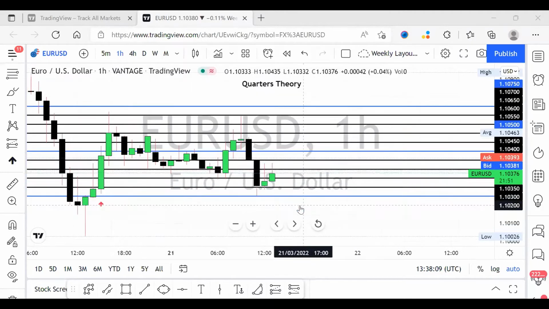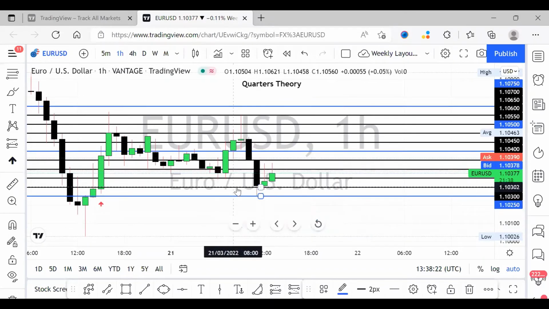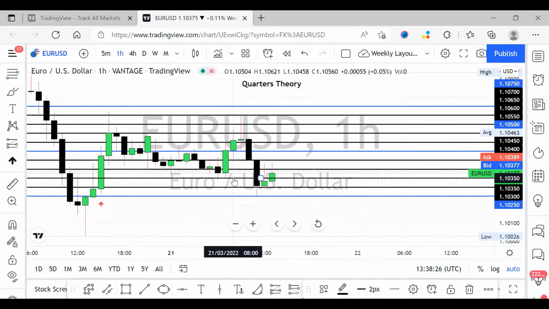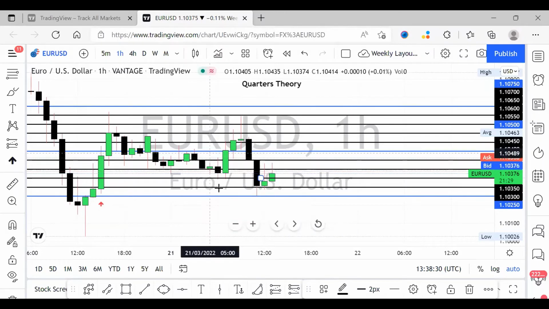In between them, the way I've done it is I've marked this particular blue line, as you've seen in blue. Coordinates is, regardless what the number, 250. Okay, the next one up, I'm going up in 50s. The next one is going to be 350, so on and so forth. Every blue line is 250 pips.